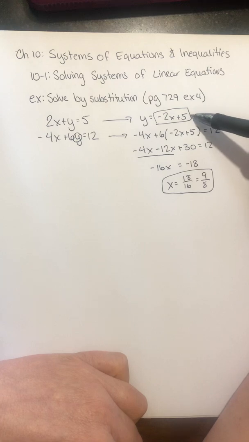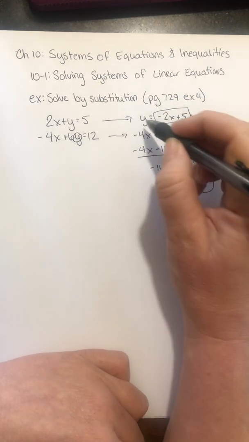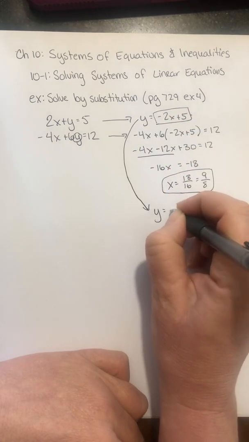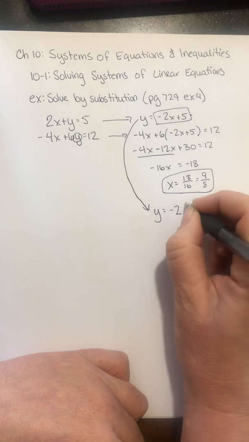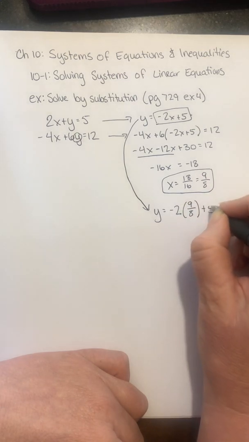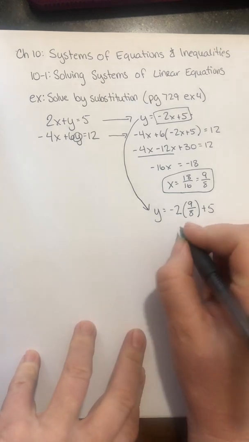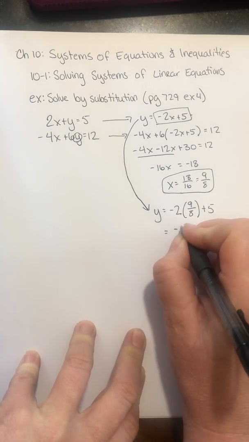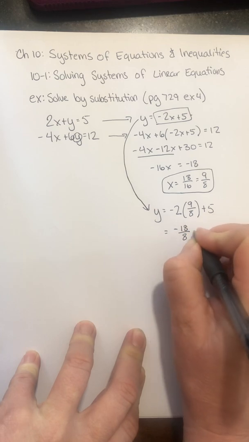I like to use this equation right here that I already solved for y. So I'm going to take that equation, y equals negative 2 times x, now I know x is 9/8, plus 5. Negative 2 times 9/8 is negative 18/8.